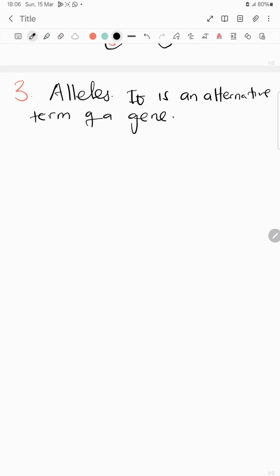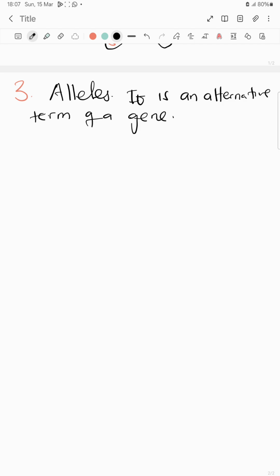Okay, so now we look at the third one, which is alleles. Others will read it as allele, but we'll go for alleles. So alleles are an alternative form of a gene. What do you mean by alternative? It means versions.